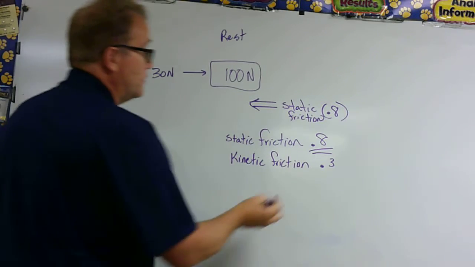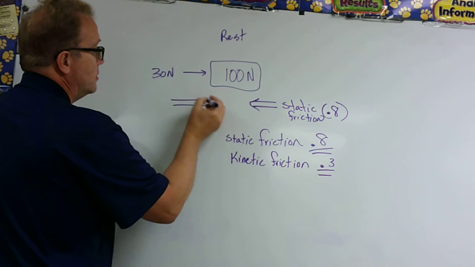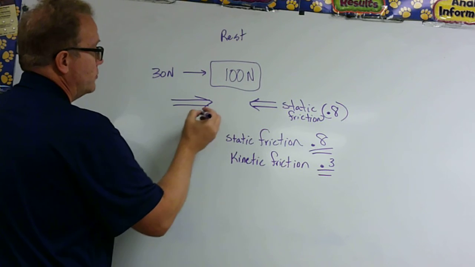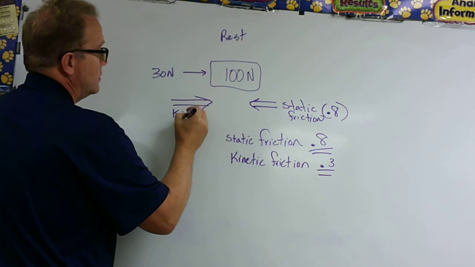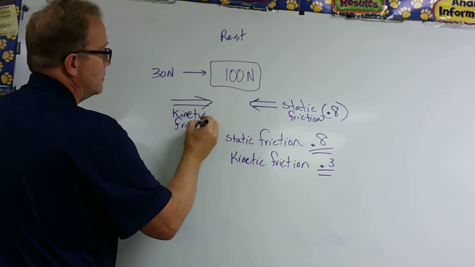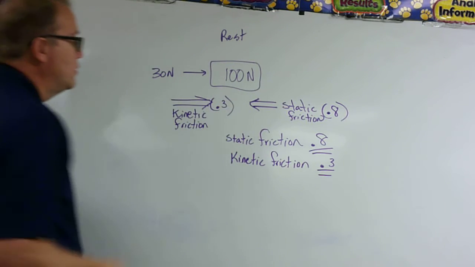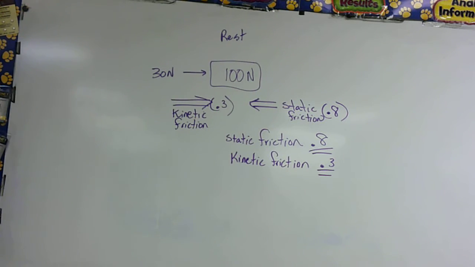On this one, this is kinetic friction, which is your frictional movement. Okay, so basically what you're dealing with is if you have a static friction of 0.8, that's trying to prevent this from moving.